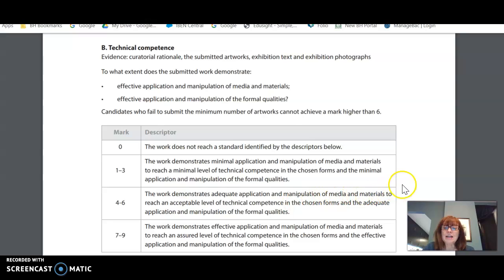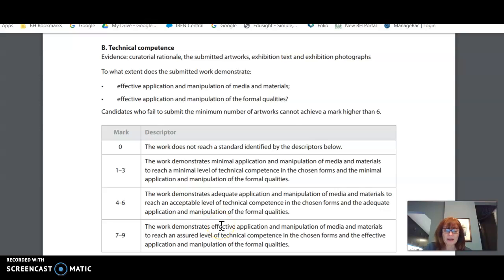We also want to unpack the degrees of difference. So in practice, with the rubric at the beginning of this task, you want to look at the difference in language describing one level compared to another level. Here's an example with this one for visual art. Work that demonstrates minimal application to adequate application to effective application.